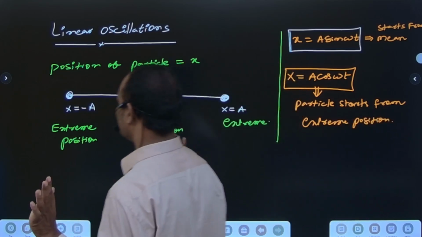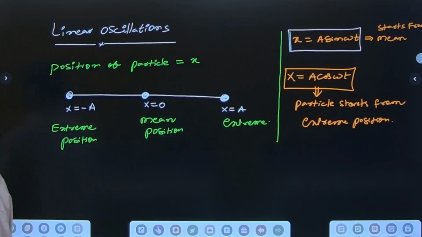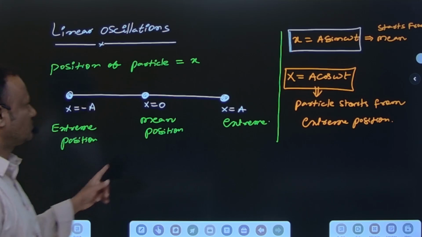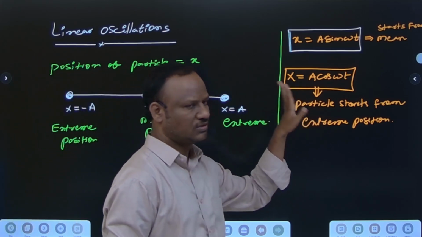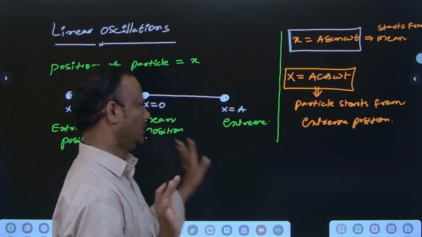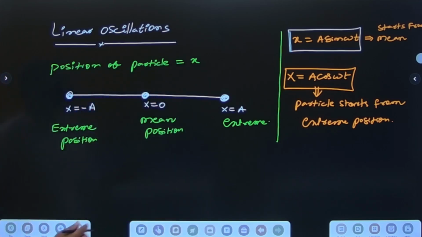That's it. So what is the displacement, or the position of the particle in SHM? It is given as x equals A sine omega t, or x equals A cos omega t. Now the question may be raised on this one.